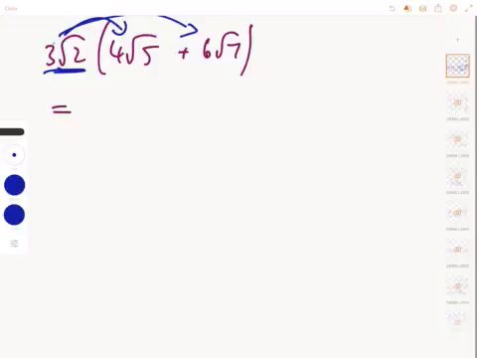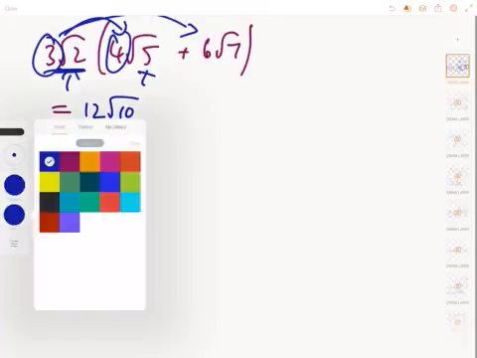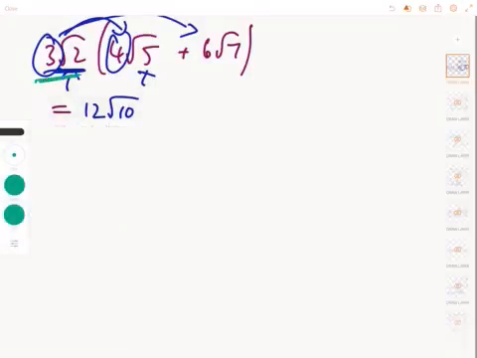First terms first, 3 and 4 is 12, root 2 and root 5 is root 10, and then for your second part, 3 root 2 and 6 root 7, 3 and 6 is 18, root 2 and root 7 is going to be root 14. So just be aware that is coming for you as well. Look to simplify as your final step always. There's no simplifying that can be done. 14 and 10 cannot be broken down any further.